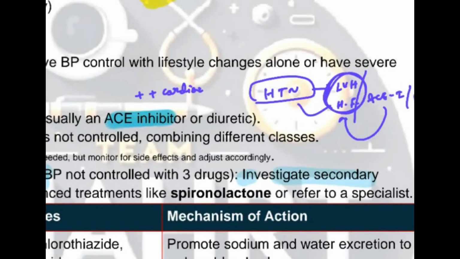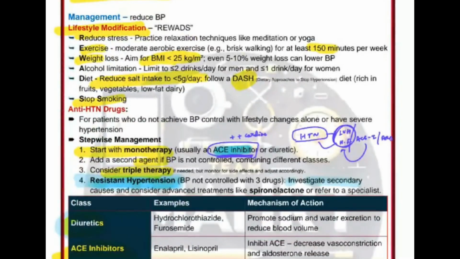They will make the heart normal. That's why we always start with either telmisartan or ACE inhibitors or ARBs. Monotherapy should be started with that. Then if it is not getting control, add some calcium channel blocker, dual therapy, then triple therapy. This is how you manage hypertension.